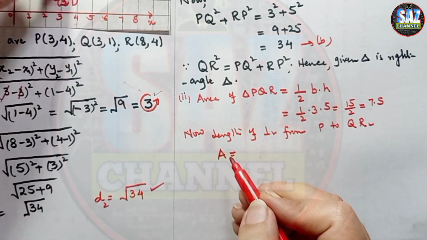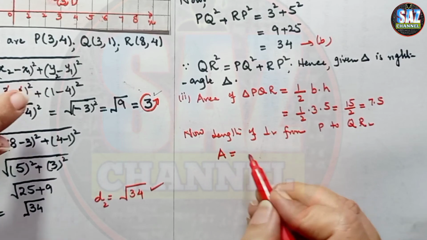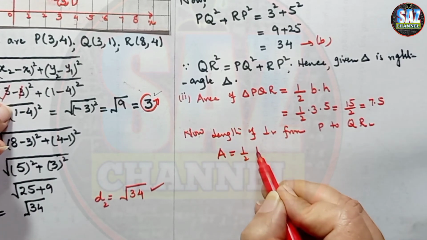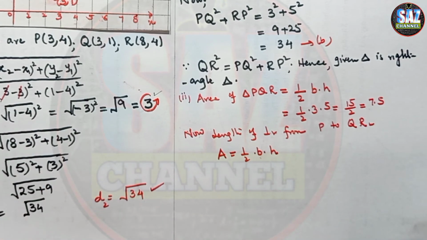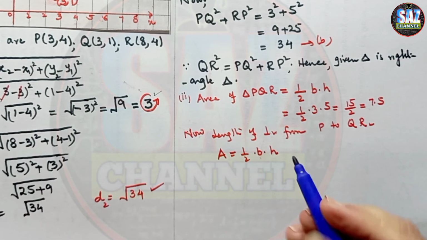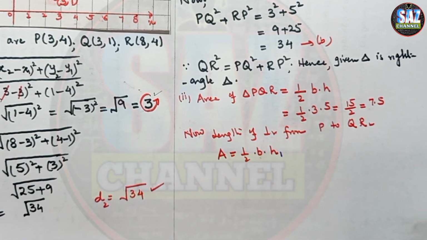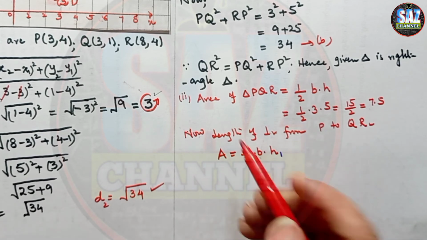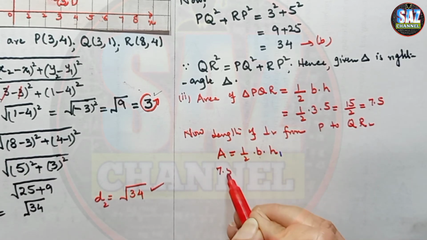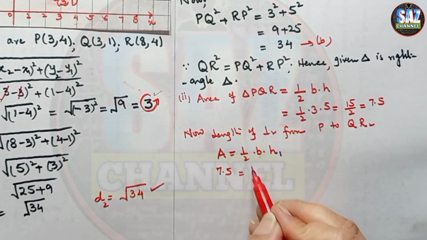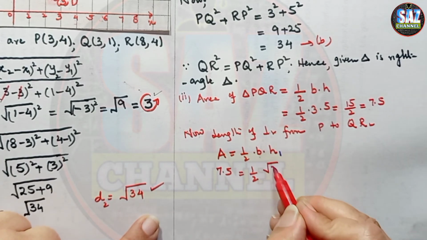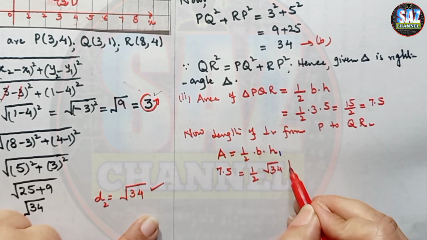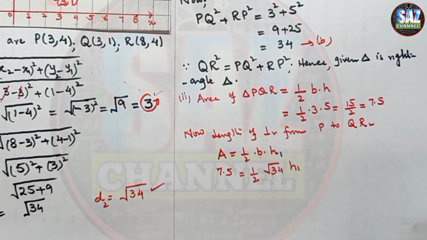We are dropping a perpendicular in this triangle, so area is half base into height, and that height will actually be H1, which is the requirement of the question. Area remains 7.5 or 15 by 2, equals half, base becomes square root 34, and H1.